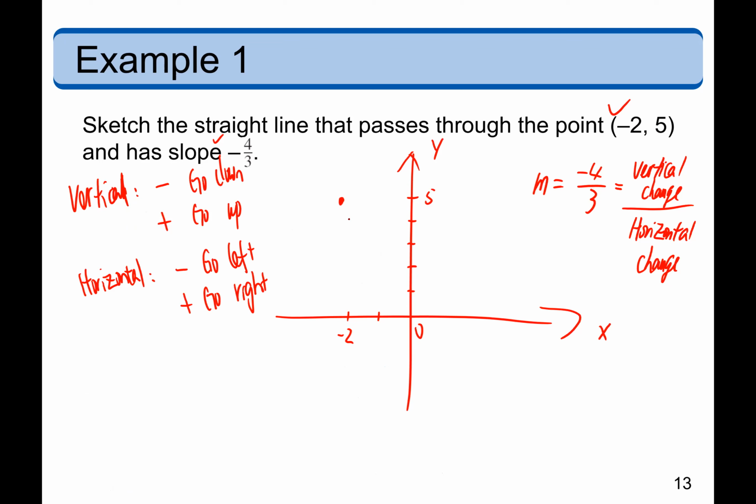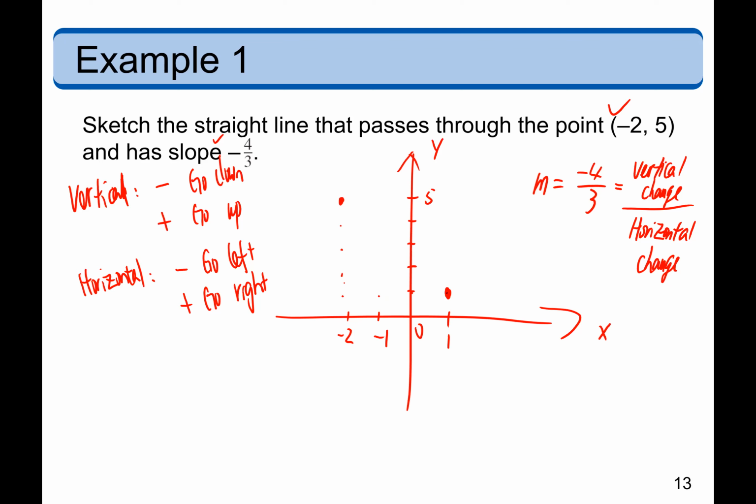So 1, 2, 3, 4, and then go to the right because it's positive. Go to the right 3 units. So this is 1, 2, 3 right here. Okay. So now we nailed down another point.